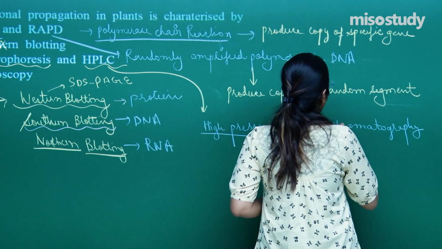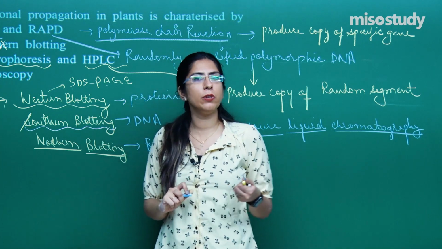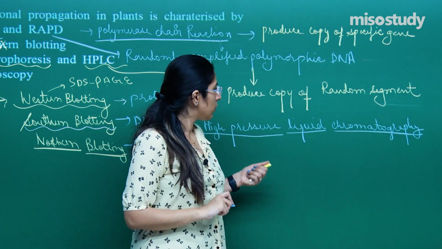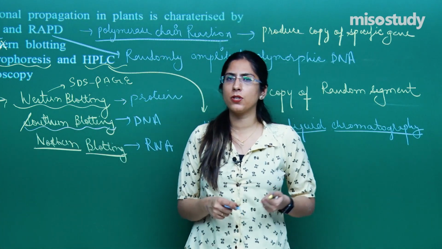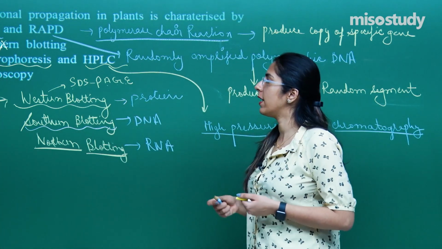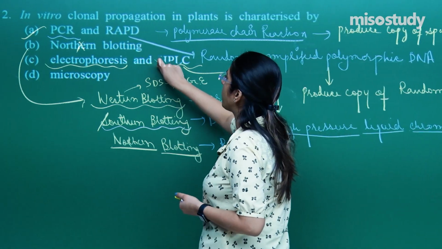The name itself indicates that chromatography is occurring. We are separating solutes from solvents. It is a quite efficient technique for the separation of solutes from solvents with the help of solvents. So, this is not related to in vitro clonal propagation.